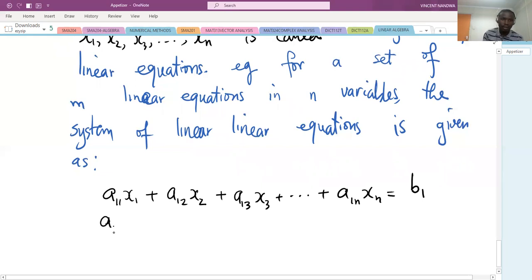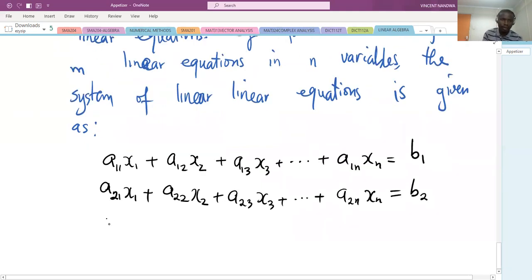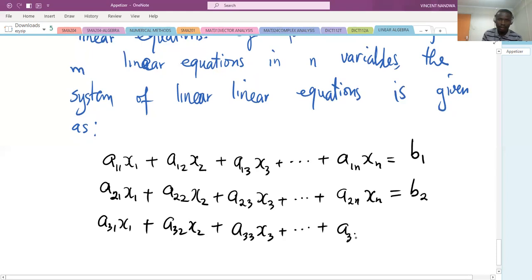Second one, a21 x1 plus a22 x2 plus a23 x3 up to plus a2n xn equals to b2. So that's the second linear equation. Third is a31 x1 plus a32 x2 plus a33 x3 up to plus a3n xn equals to b3.